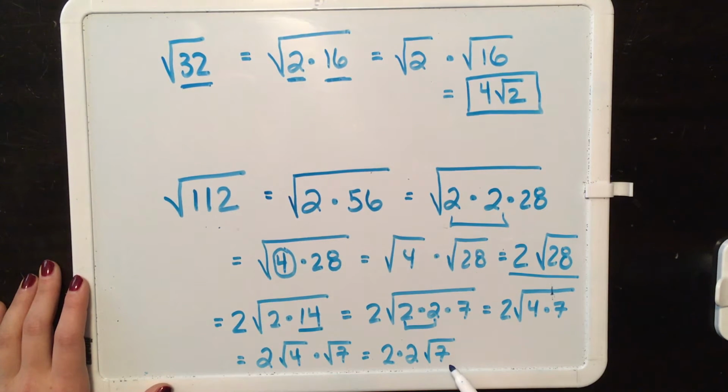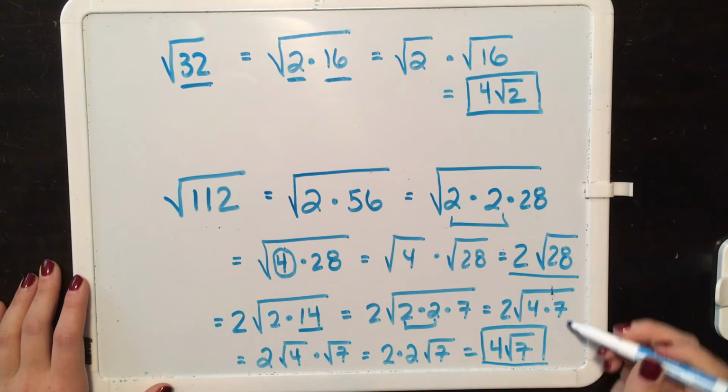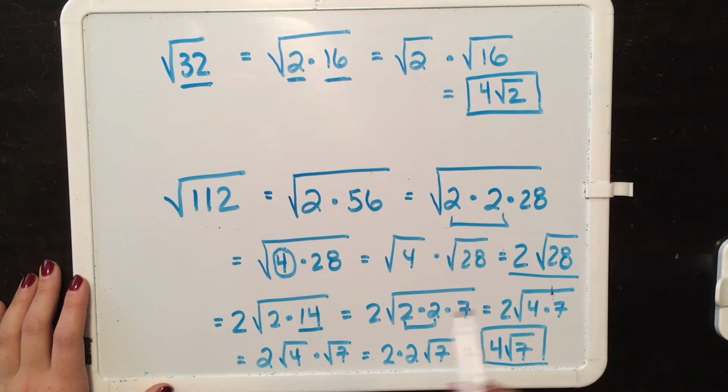Since 7 is a prime number, it cannot be broken down into any more factors, so this is irreducible. We'll leave it underneath the radical sign, and you just combine the terms on the outside. So our final answer is 4 root 7. And that is the simplified version of the square root of 112.